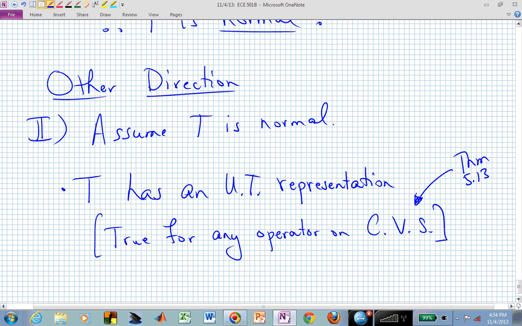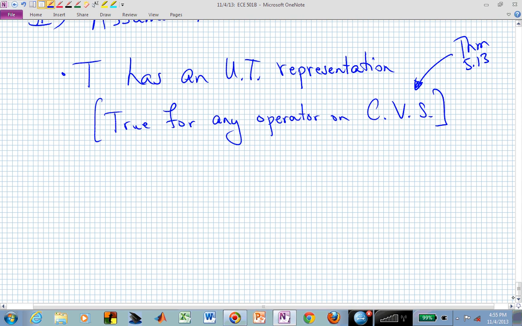But now that we have an upper triangular matrix, let's say T on some basis, E1 through E sub n, what does that look like as a matrix?